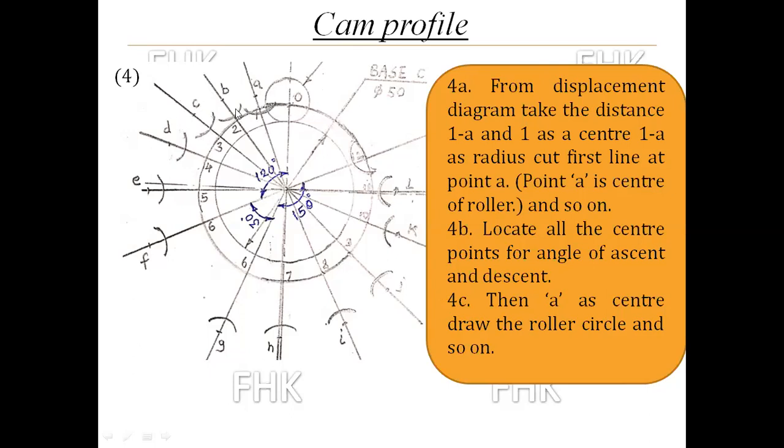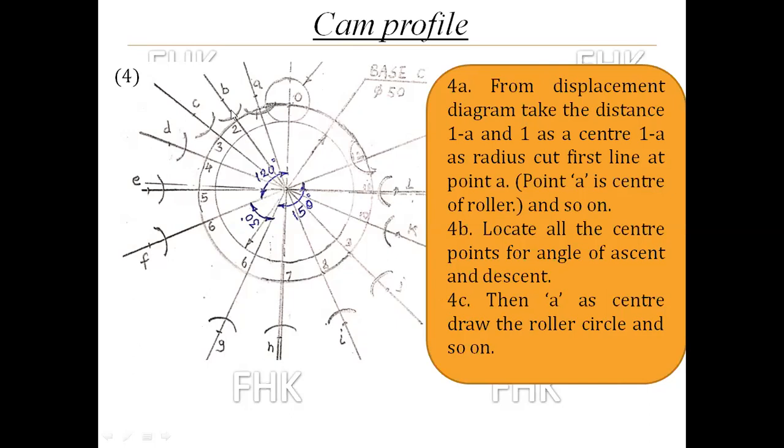In this way, you have to draw all the positions of the roller by taking the different points G, H, I. In this way, you have to draw the centers. These are the centers, and through the centers you have to draw the roller positions, new roller positions at different angles.